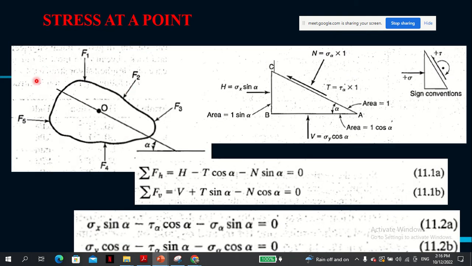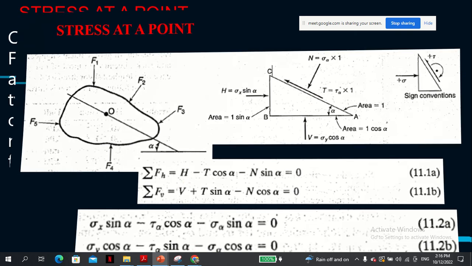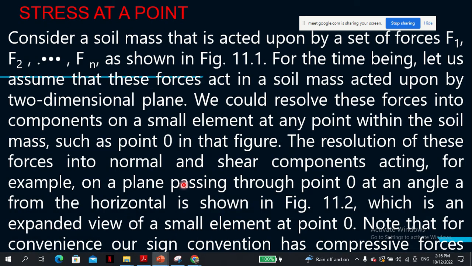So this, and we assume the center, this center O, now O is here, and then we assume the triangle of forces, and the resolution of these forces into normal and shear components. I will explain this. Acting, for example, on a plane passing through point O at an angle from the horizontal is shown in figure 11.2a.